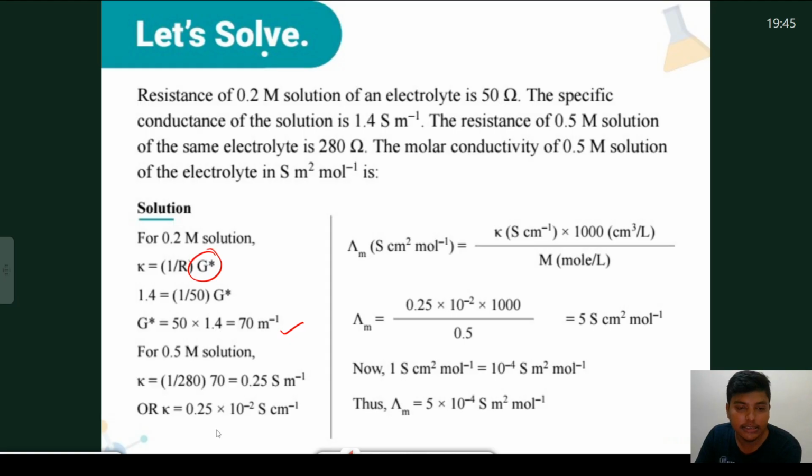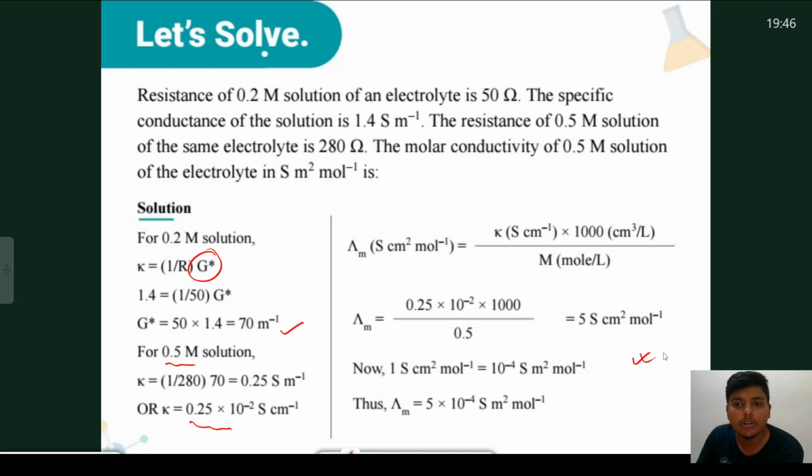Okay, 70 meter inverse. So kappa for 0.5 molar solution will change. Kappa will come 0.25. Clear or not? Now lambda m is equal to kappa into 1000 by molarity.